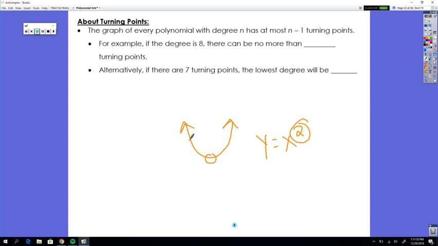There's only one point where it goes from decreasing to increasing. So it makes sense to think of every polynomial's number of turning points is one less than the degree that it has. So for example, if the degree is 8, there can be no more than 7 turning points. Alternatively, if there are 7 turning points, the lowest degree will be 8.